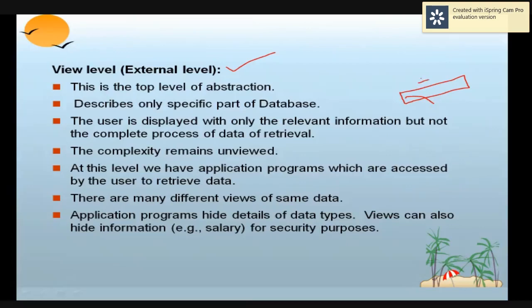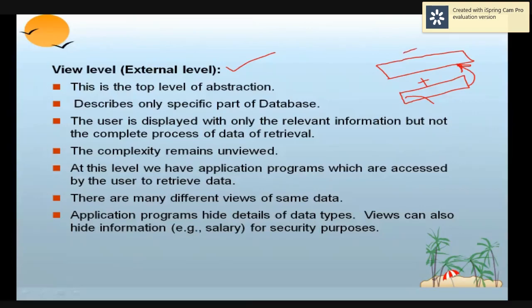The next level is your logical level, where the programmer would be working and the data admin would be filtering out a few sensitive data from the programmer, and the programmer can see only some relevant information based on his requirement.